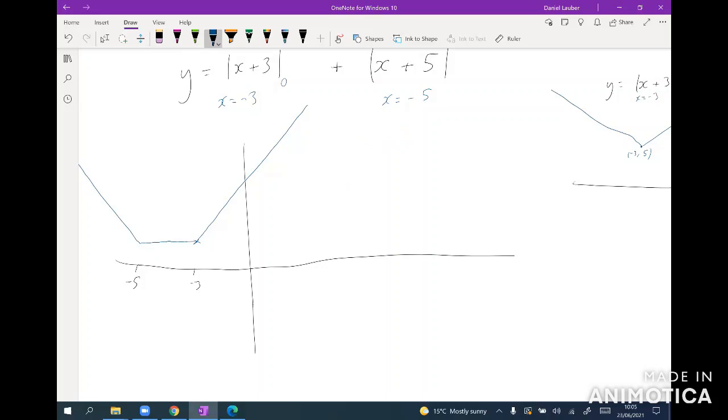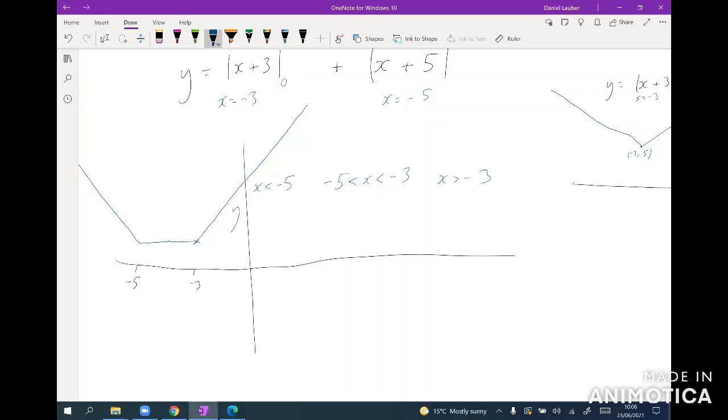So we're going to split this into the regions depending on what happens at various values of x. For x greater than minus 3, we've got a certain thing going on. Then between minus 5 and minus 3, we've got something else going on. And then less than minus 5, we've got something else.